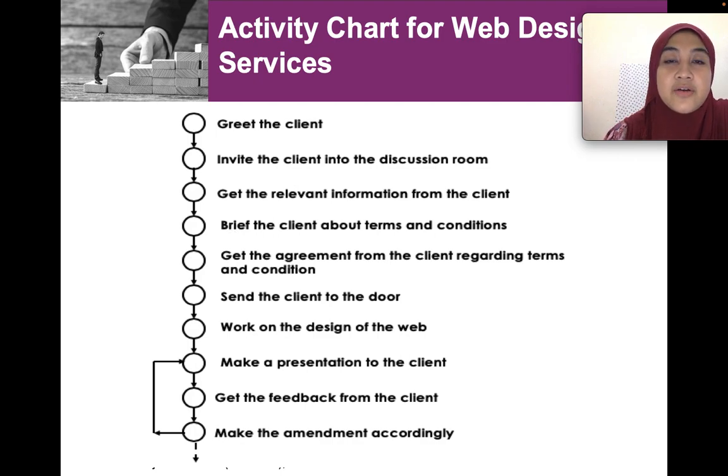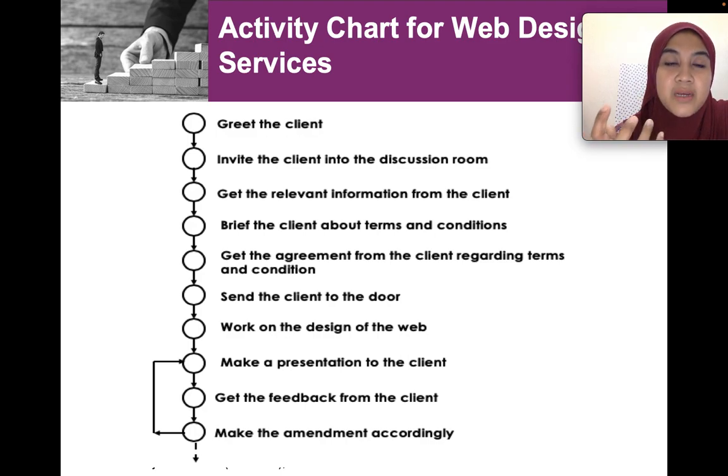Actually, under services, for the activity chart under services, the symbols only take the symbol of operation, the symbol of circle, because for services we cannot keep the service, we cannot delay the service, we cannot storage the service.